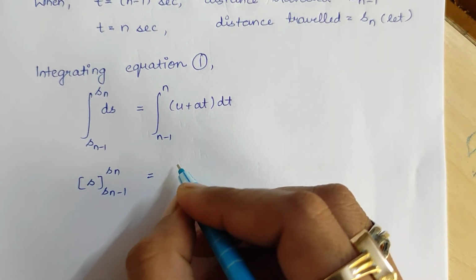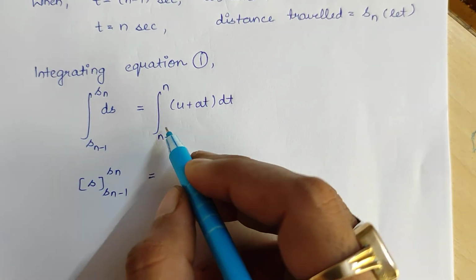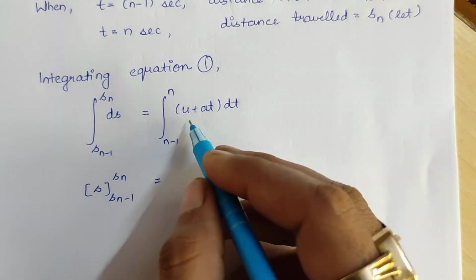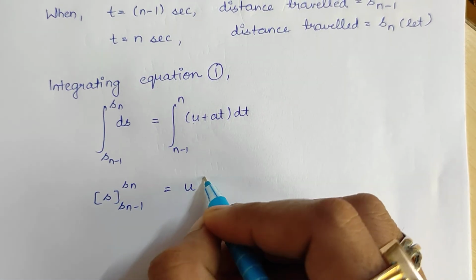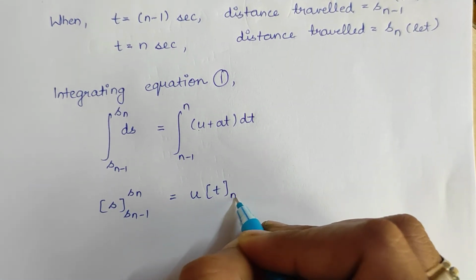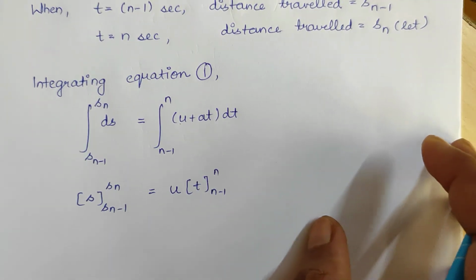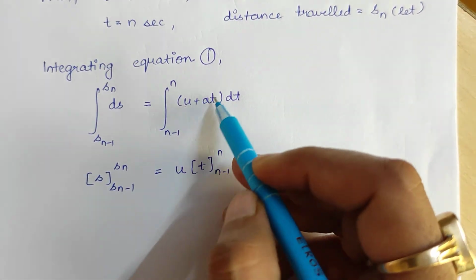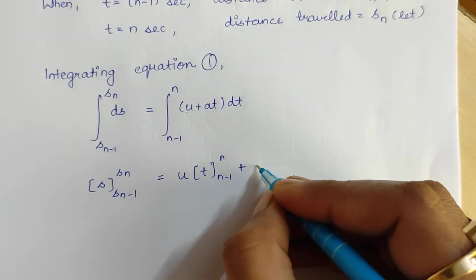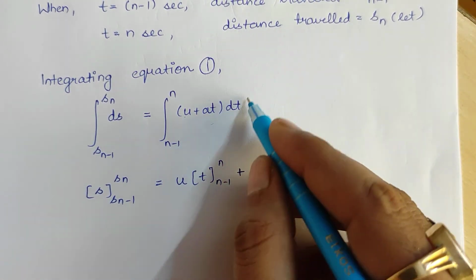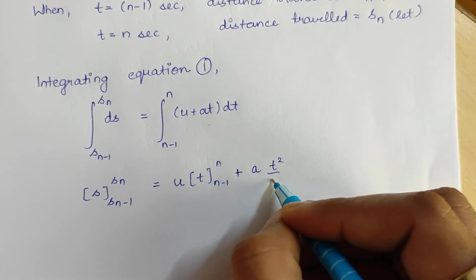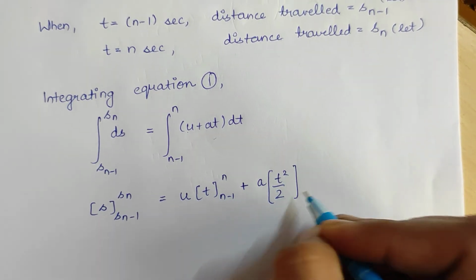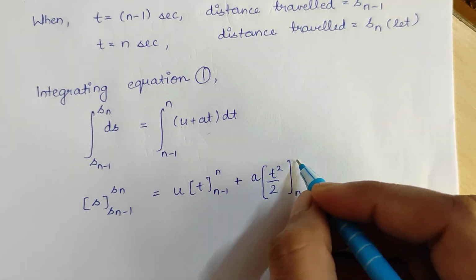So we get integration of u dt. Here u is constant, and we get t in the limits n minus 1 to n, plus we solve at dt. a is constant, and we solve t dt. Integration of t dt gives us t square by 2 over the limits n minus 1 to n.